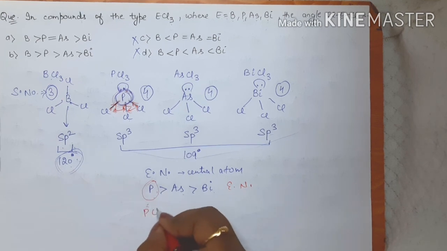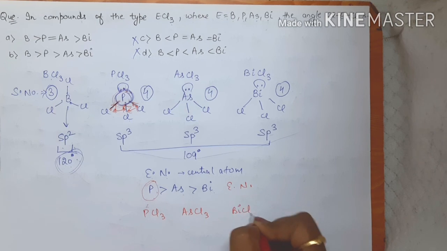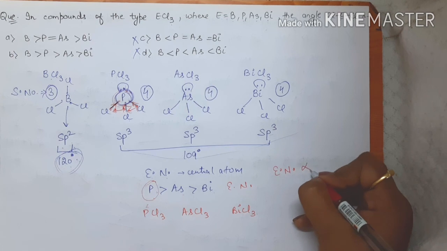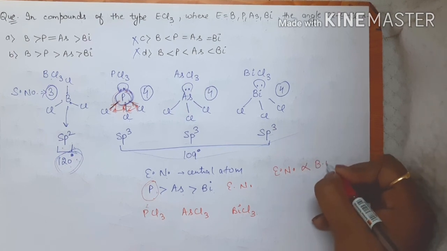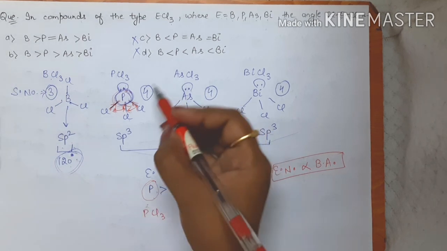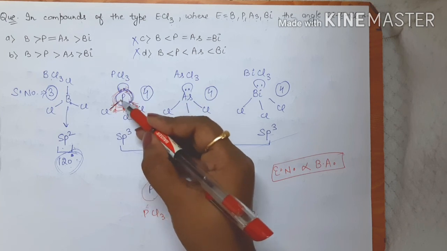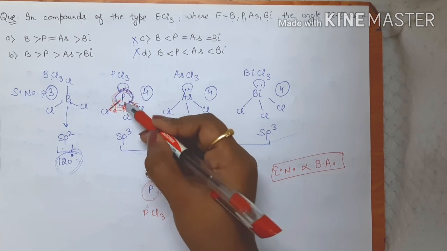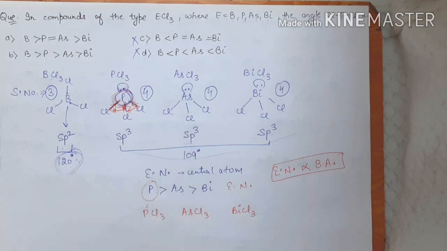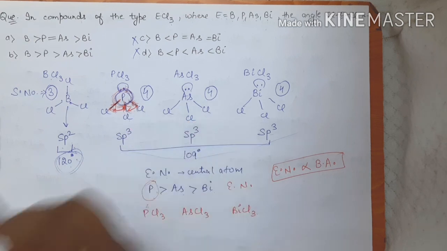If we look at the bond angle out of these three molecules, we will find that electronegativity is directly proportional to the bond angle in these molecules. Why? Because the more the electronegativity of the central atom, the more the attraction of these bonded pairs towards itself, and then the repulsions dominate in these molecules, and due to these repulsions the bond angle increases.